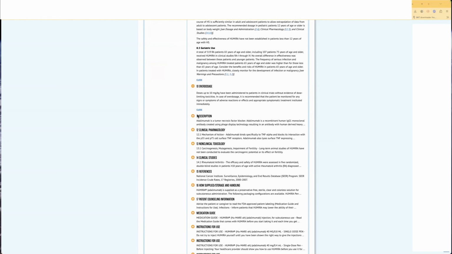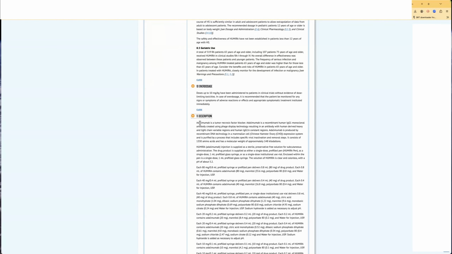So then we have a description of the molecule, which is very important because this is the information that has been added into the registration documents.